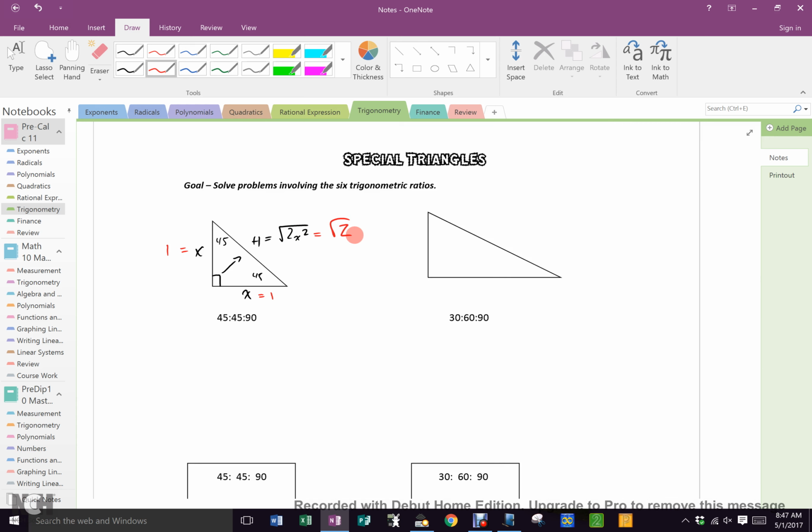Which makes the following pattern available to us. The sine of 45 is what? All sines are what? Opposite over hypotenuse. So they are all 1 over root 2. Everybody cool? What is the cos of 45?